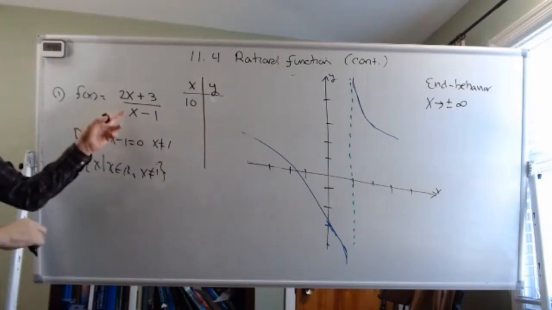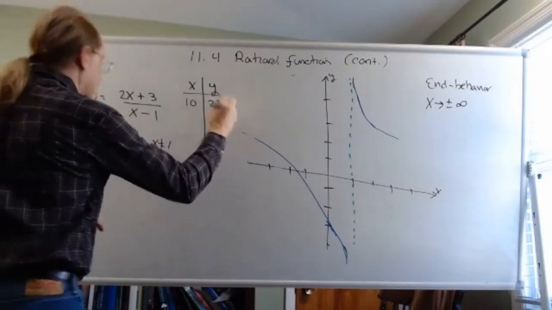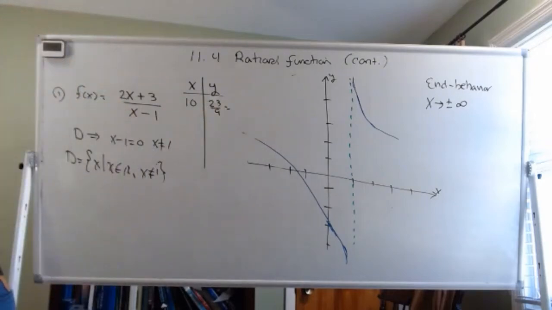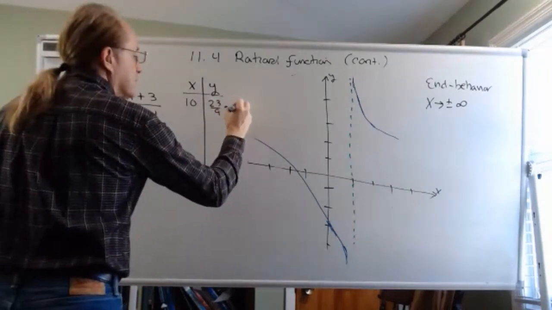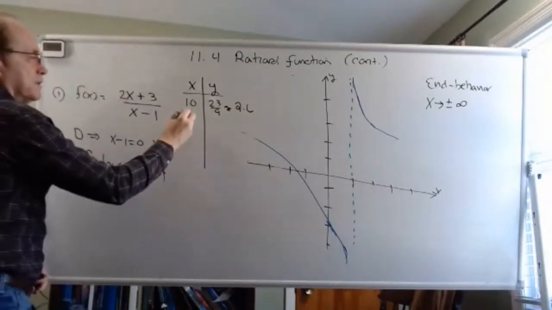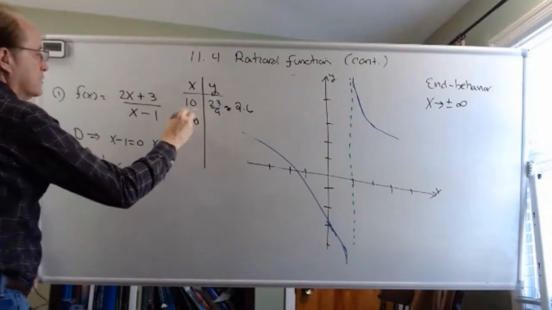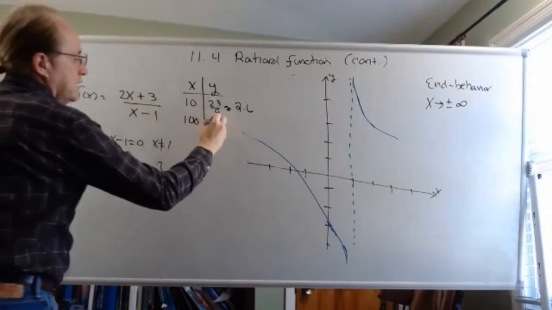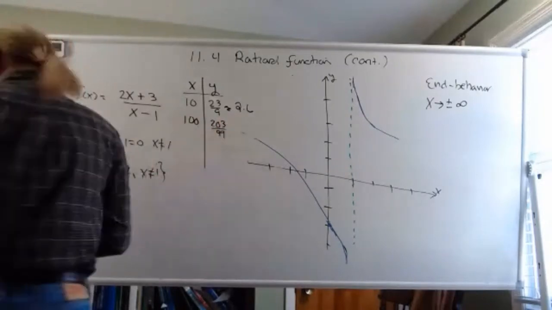So what does that give me? 23 over 9. Plug that into my calculator: 23 divided by 9, and I get approximately 2.6. Okay, now I'm going this way, positive x, put in 100, so I get 203 over 99.